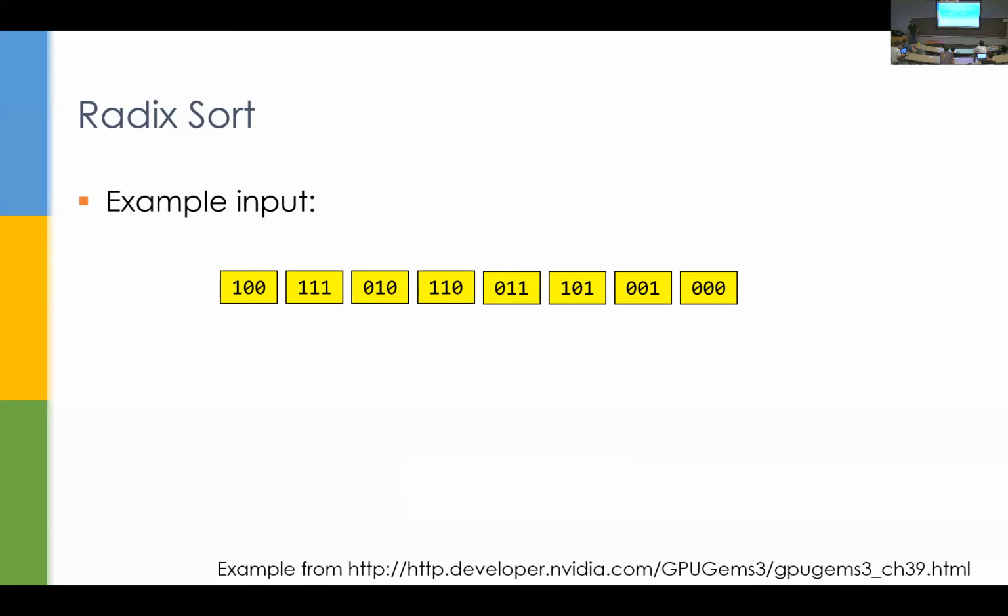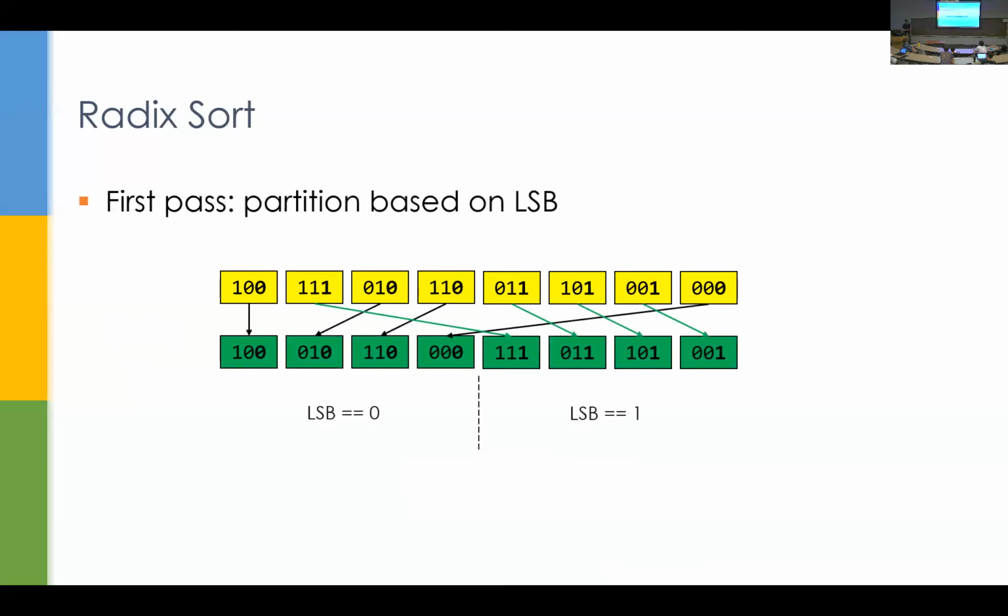Everywhere that the least significant bit is 0, we are going to move it left. And anywhere the least significant bit is 1, we're going to move it right. All right. So let's look at this. See the bolded values. 0, 0, 0, 0, 1, 1, 1, 1. Everybody follow? What happens in the next pass? What are we going to do?